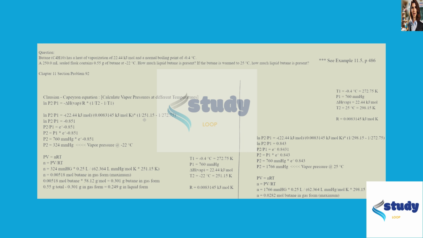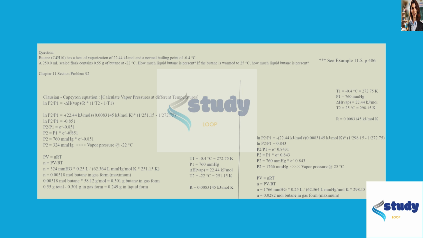Again, our T2 is the temperature we're trying to find the new vapor pressure for, which is 251.15. So multiply that by 1 over 251.15, and then subtract 1 over T1, so that'll be 1 over 272.75. When you solve that, it gives you minus 0.851.